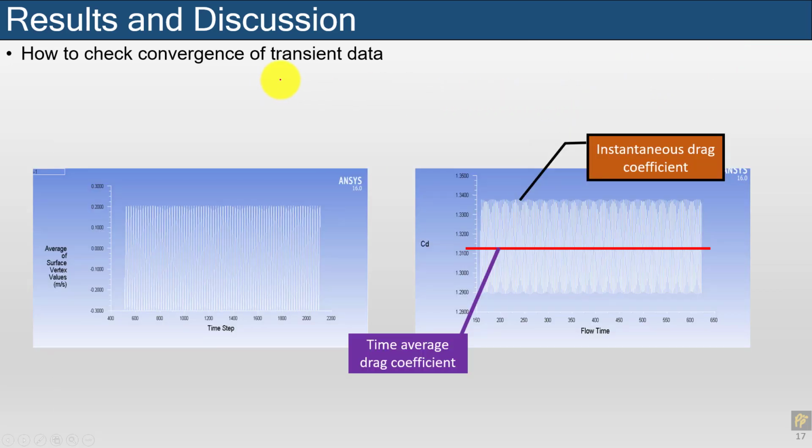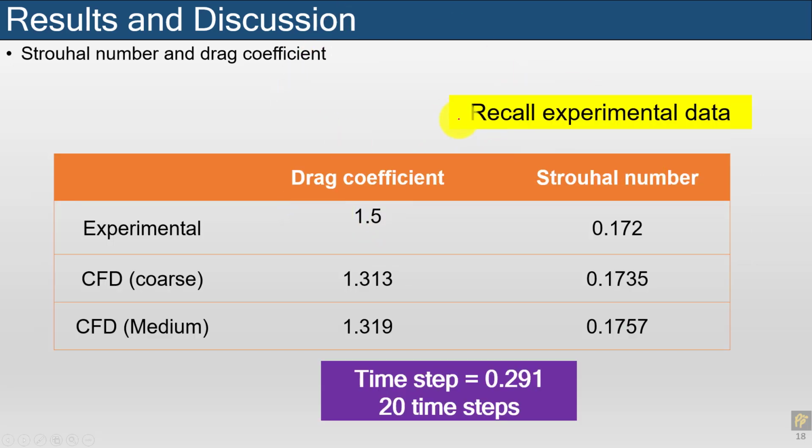Okay, and here you can see the CD plotted for different time steps. This is the flow time, this is the time step. So basically we get the average values for any parameter, like here the coefficient of drag. When we average in Excel, for every time step, you sum up the values and divide by the number of time steps, and you get the average quantity of that particular parameter, like here CD. In this way, the drag coefficient from experiments is 1.5, with the coarse mesh it is 1.313, and for medium it is 1.319.